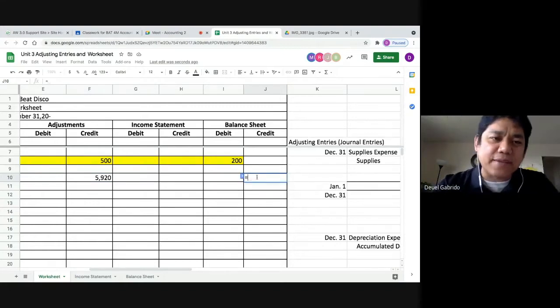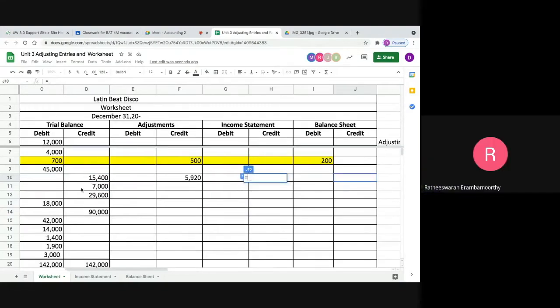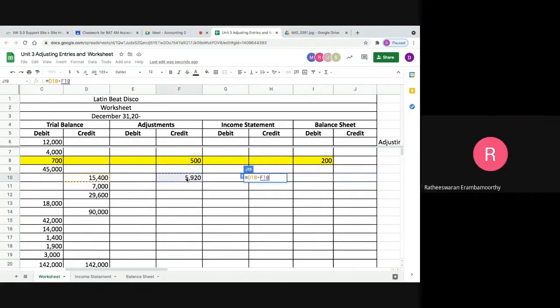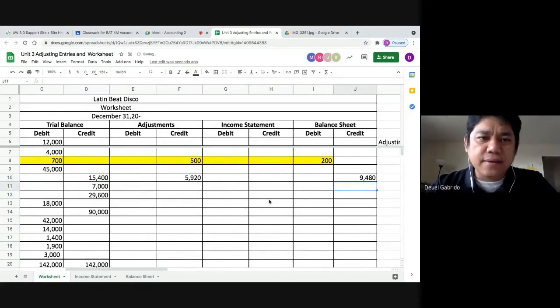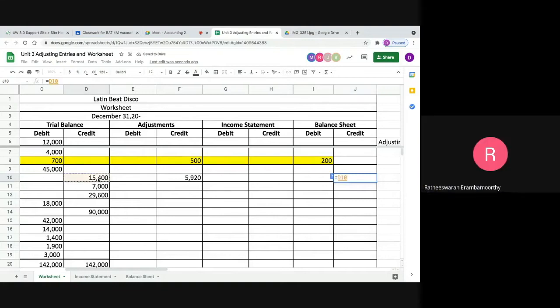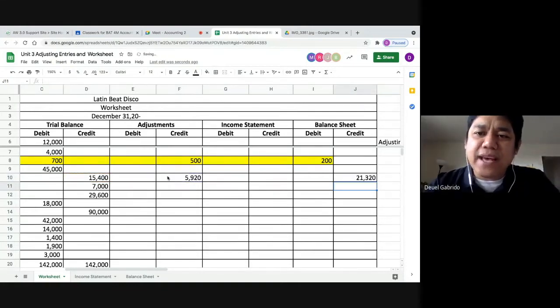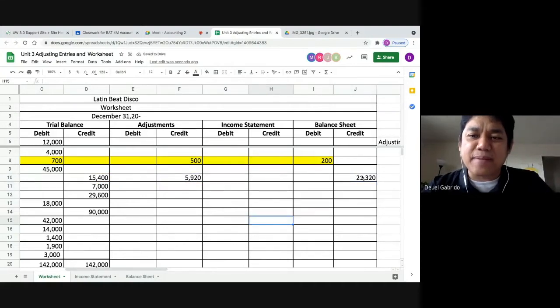Let me just calculate: this one add to this one, sorry, add, not subtract, because that's another decrease. When the accumulated depreciation becomes high, the value of the equipment becomes lower, right?